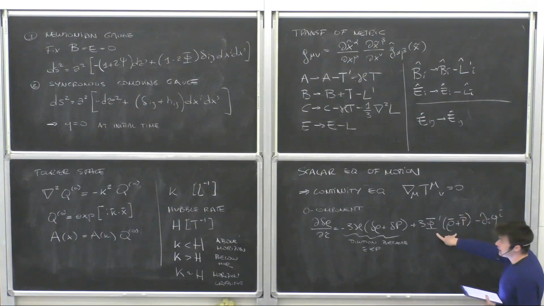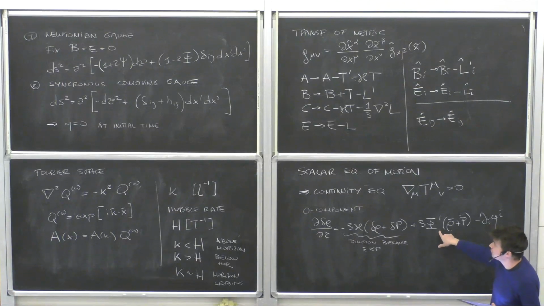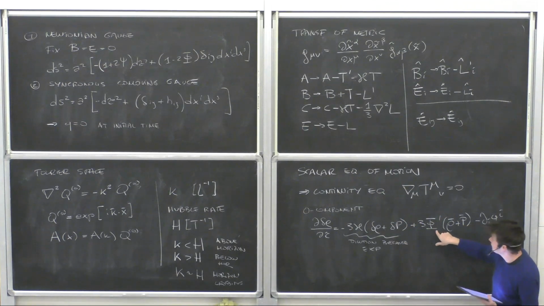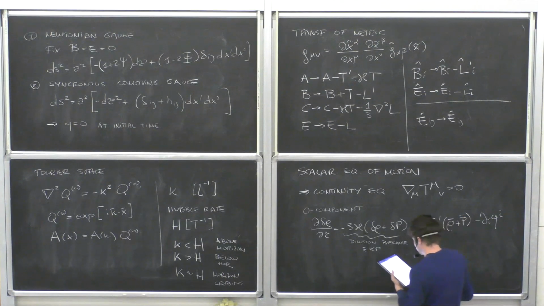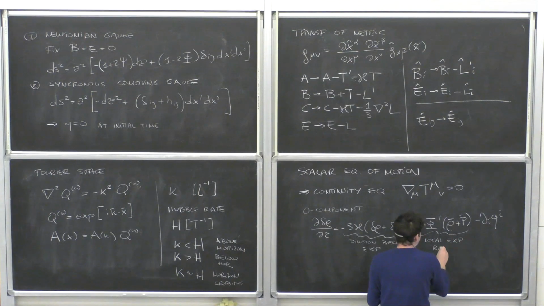Now, what's this term? This is a change in the local expansion rate. This is what we sourced when we did the trick with coordinate transformations, right? So this is the perturbation to the time component. This is how density fluctuations respond to changes in local expansion rate.